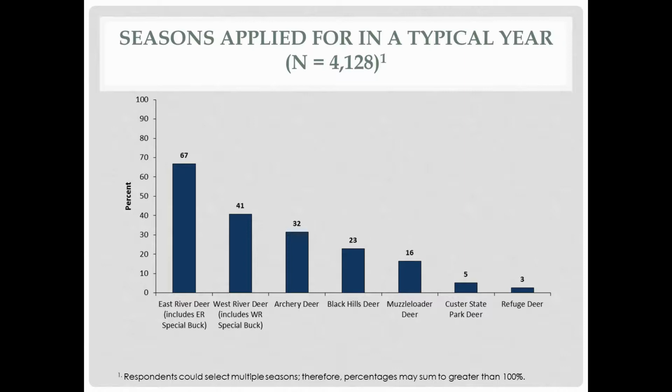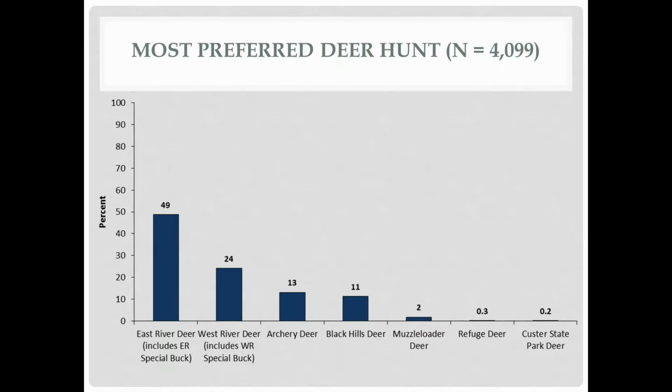We also asked, to try to get it down to be more specific, okay, so what's your most preferred deer hunt? 49% of our hunters indicated that East River deer, including the special buck season, is their most preferred deer hunt. 24% for West River, and then it drops down to 13% in archery and 11% in Black Hills, and it tapers off.